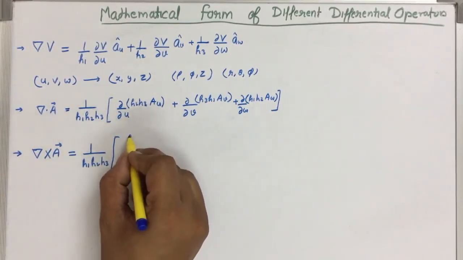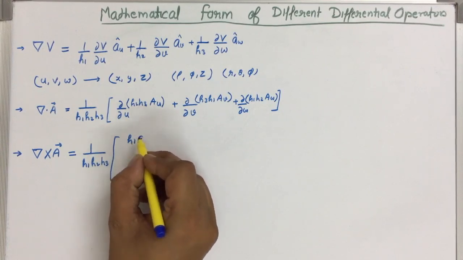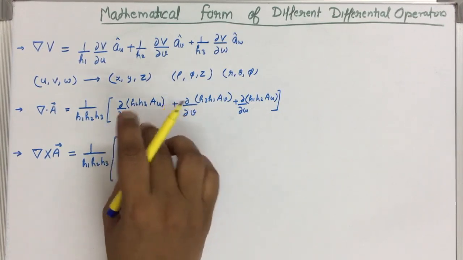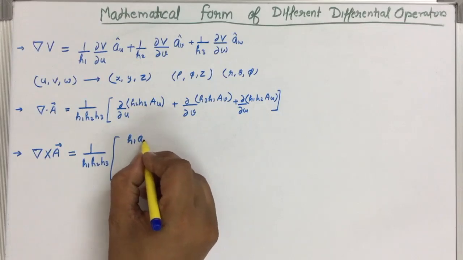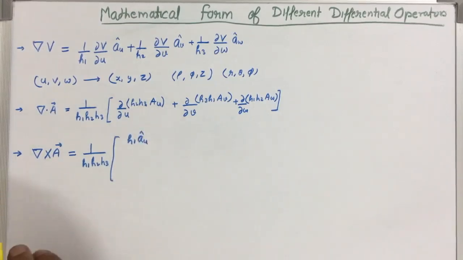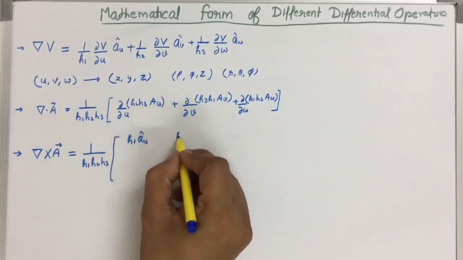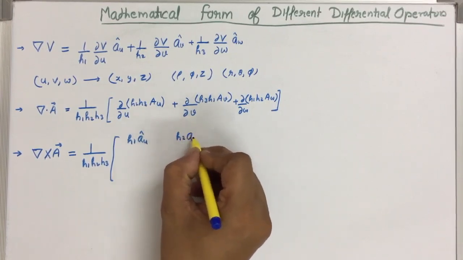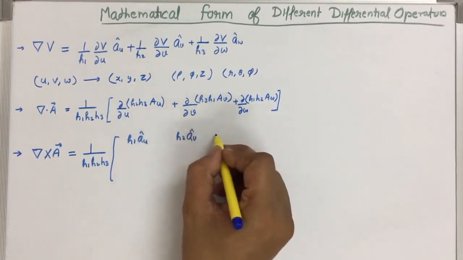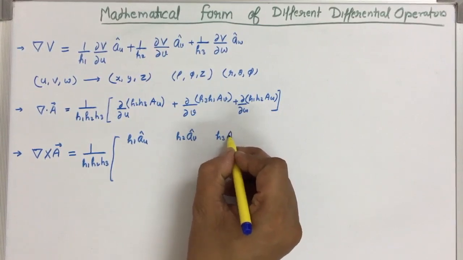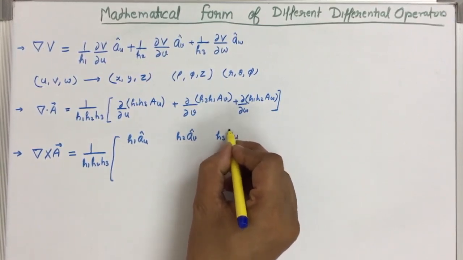So it will give you h1 in the unit direction a_u cap, h2 a_v cap, and h3 a_w cap.